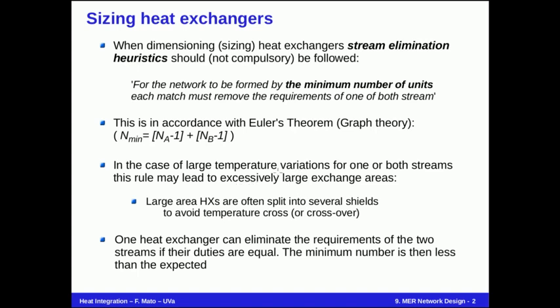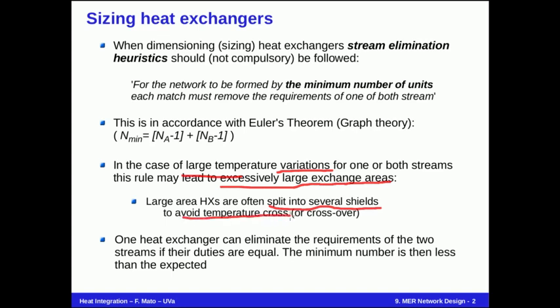If the variation along streams is large in temperature, this rule may lead to excessively large exchanger areas, and these are normally split into several shells to avoid temperature cross.